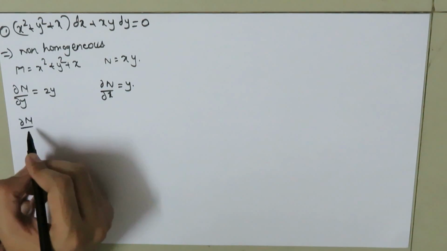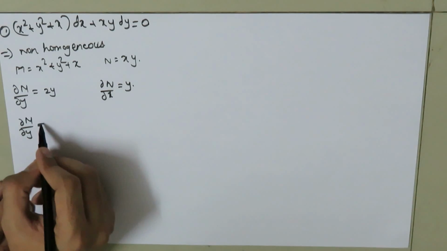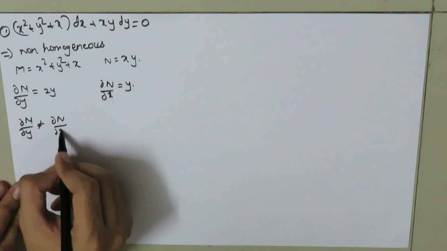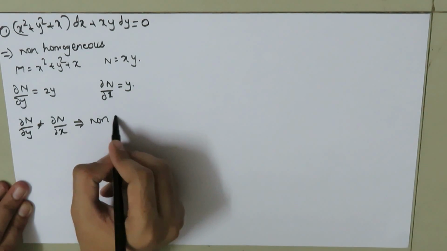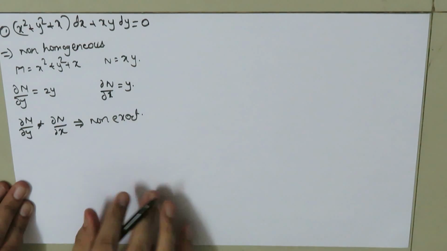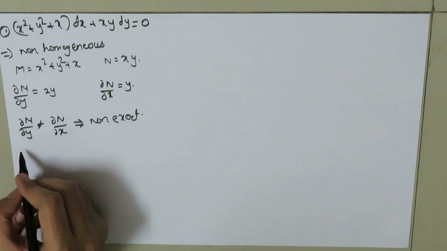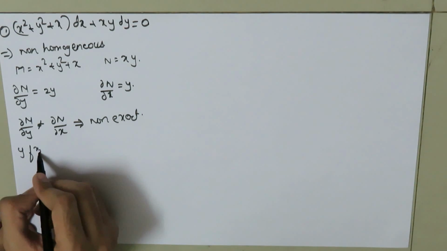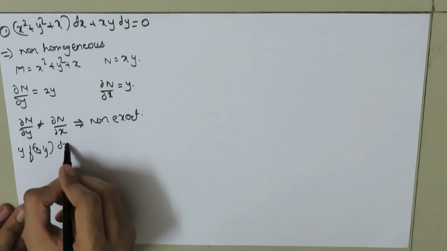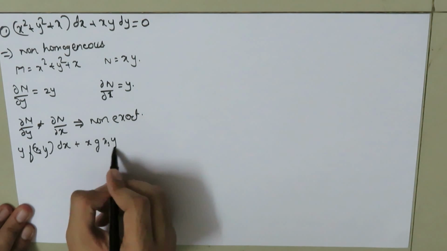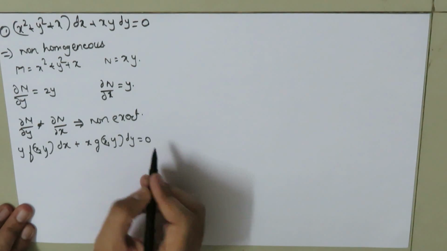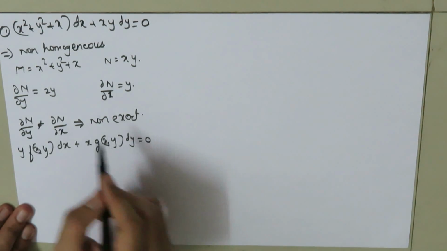As ∂M/∂y is not equal to ∂N/∂x, the given differential equation is non-exact, and it is also not in the form y f(xy) dx + x g(xy) dy = 0. Here we can't take y common.